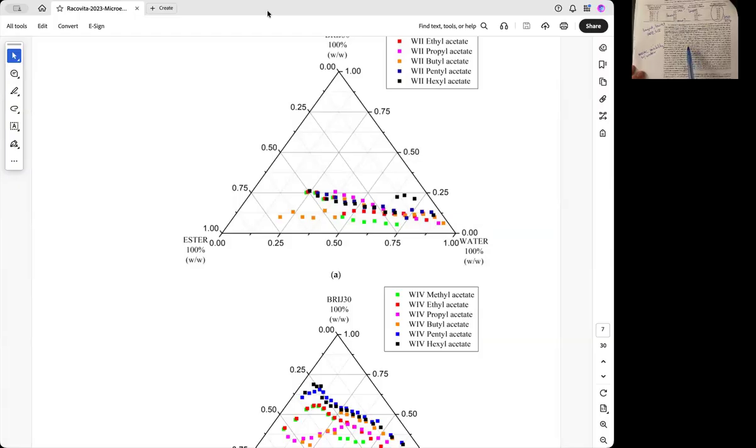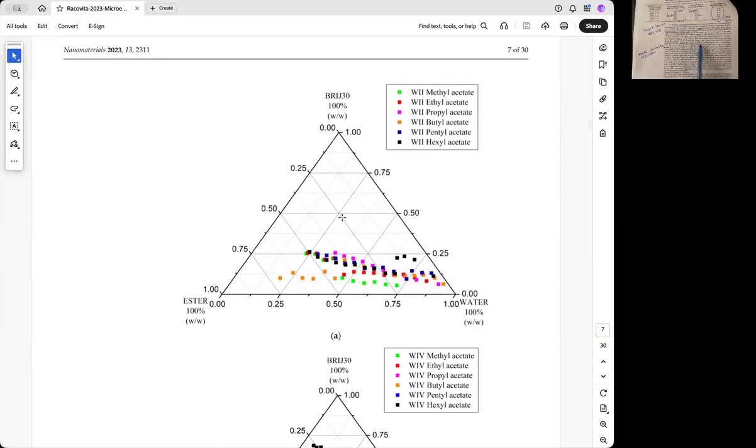And then, let's see, propyl is pink. Pink goes almost all the way over to the corner, in the color version of what's going on. Okay, so that 10% is not a very large region. It probably is large enough for them to hit. It's very close to water, 100%. Whereas the methyl is not.